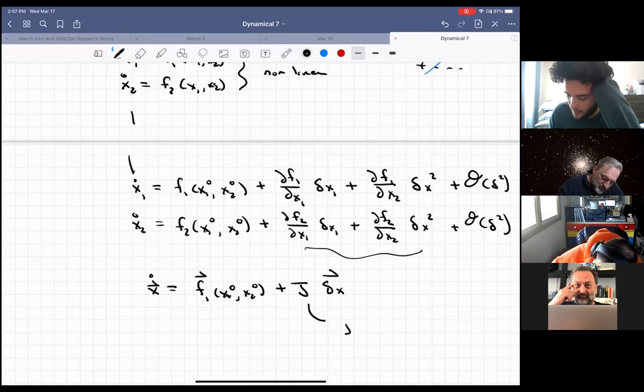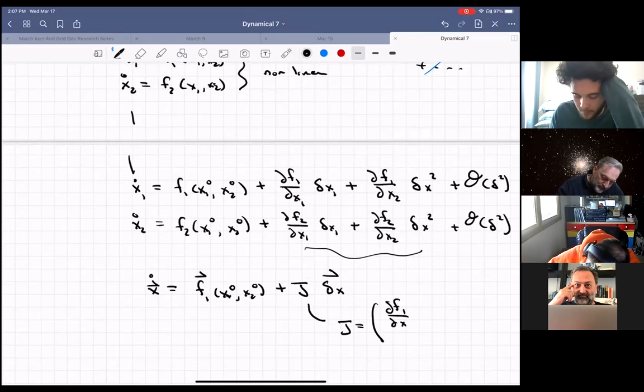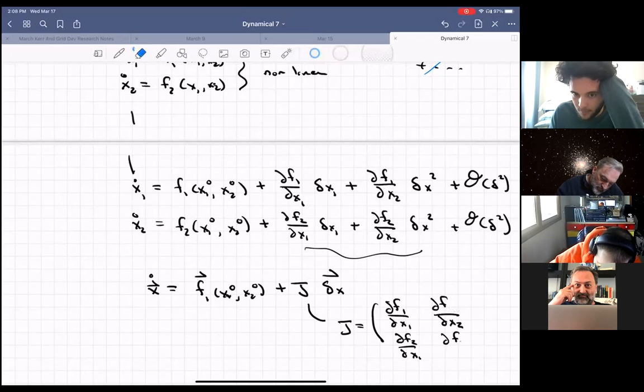And this matrix J is the matrix of partial derivatives of the mapping. So that means that it's what we're going to call the Jacobian matrix. I've written this wrong, that should be a 1 here. So this J is the Jacobian matrix.